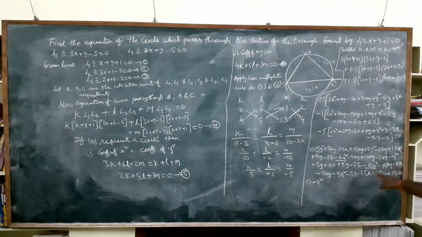Minus 10xy minus 5xy minus 15xy plus 15xy cancel. And in the same way, this is 15xy plus 5xy, it is 20xy.